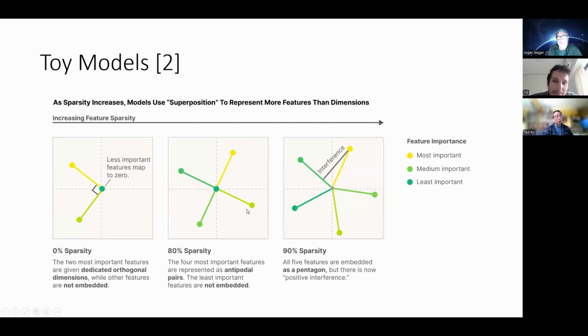When they increase the sparsity even further, past 90%, where pretty much the concepts don't appear at the same time, then what the LLM does is it represents all five concepts as a pentagon or a five-pointed star.